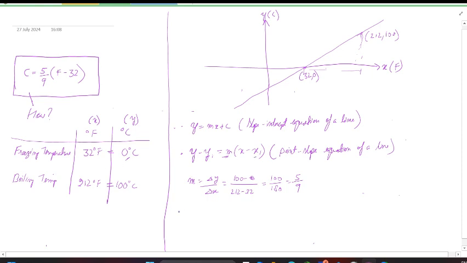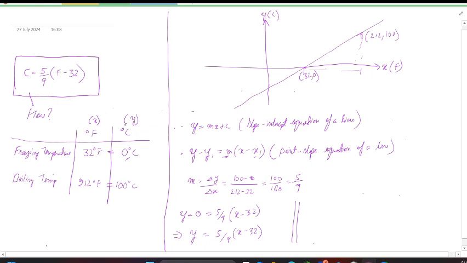So the equation will be as follows: y minus 0 equals 5 by 9, x minus 32. So this implies y equals 5 by 9 times x minus 32.